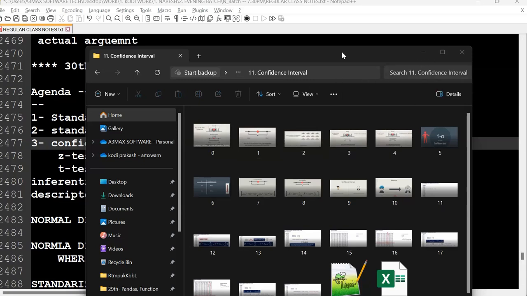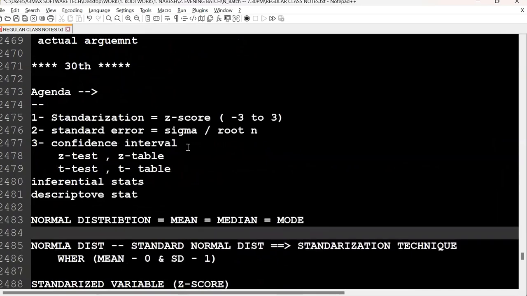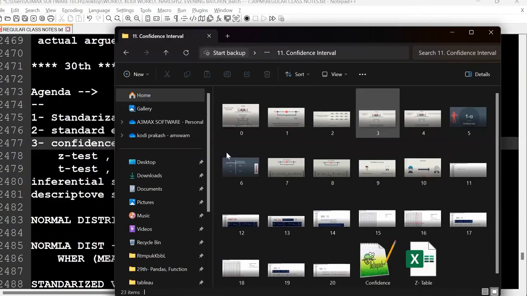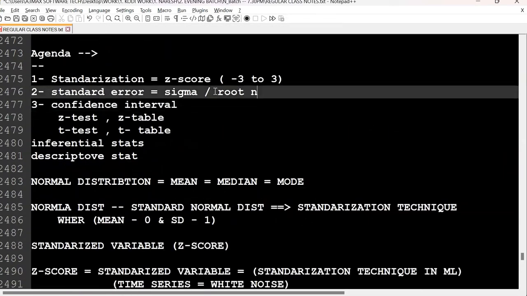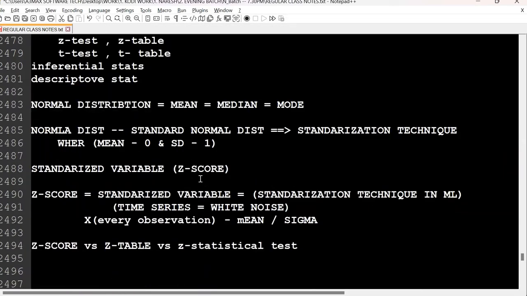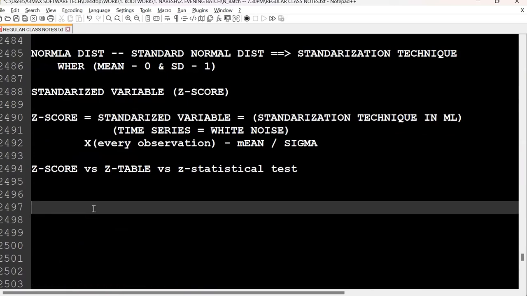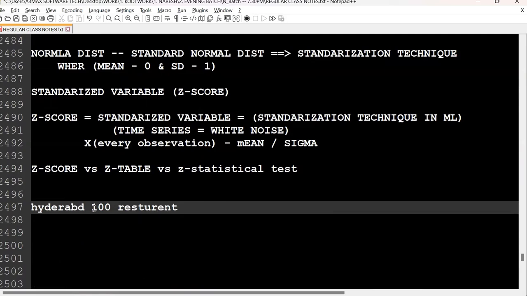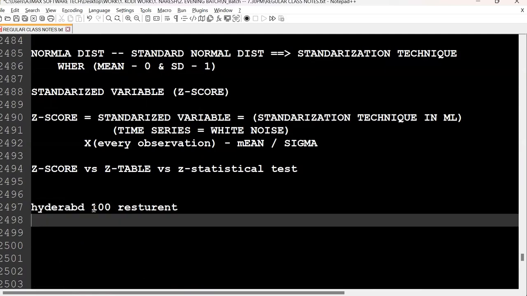Can we go to the next concept, interval? I want to give you a simple example. Listen to me. In this equation, I'll use these two parts. I will repeat today's concept multiple times. Let's assume in Hyderabad there are 100 restaurants.